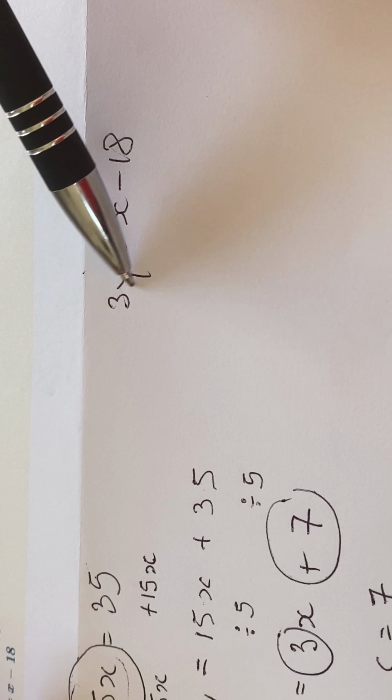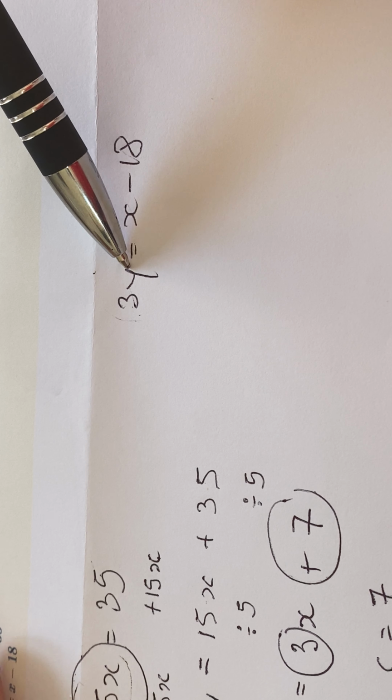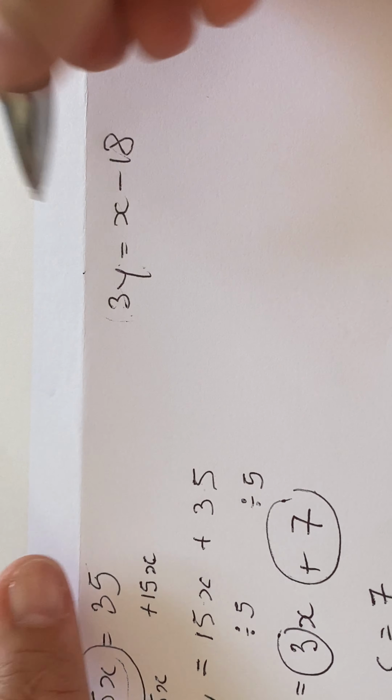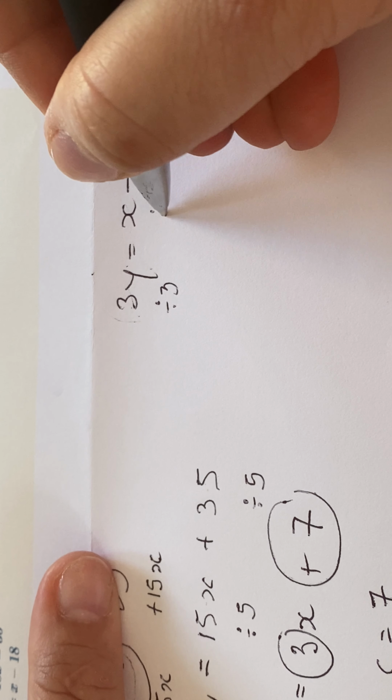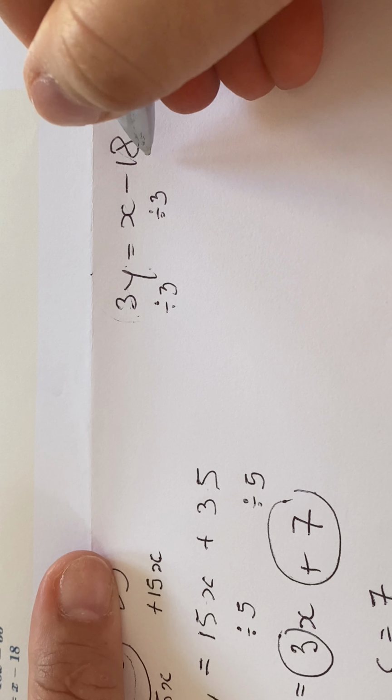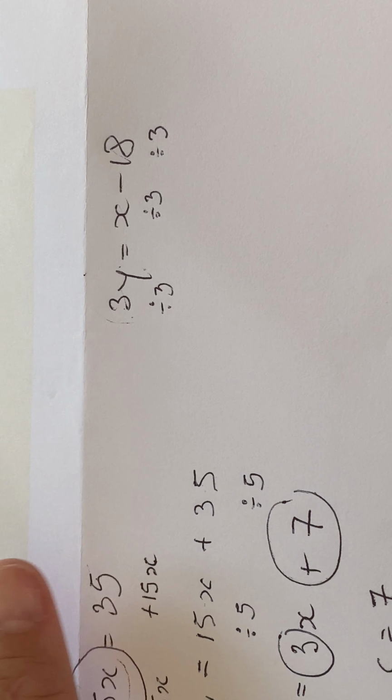Now, on this one, you've got only y's on the left-hand side, but you have 3 of them. So you need to divide across by 3. And again, as earlier on this question, you must divide every term on that side. So you divide the x, and you also divide the minus 18.